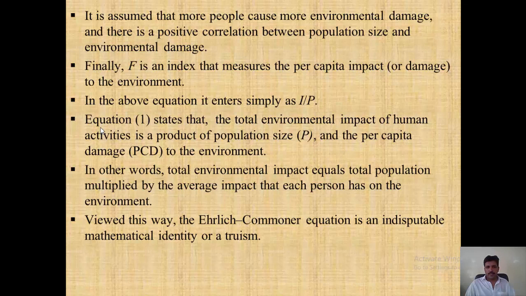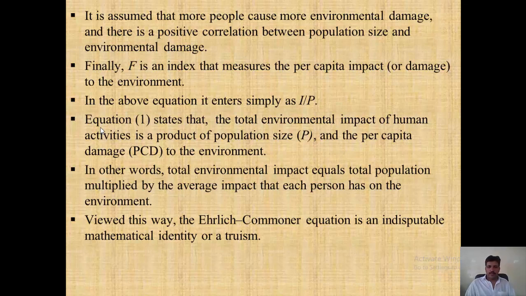Equation 1 states that the total environmental impact of human activities is the product of population size and per capita damage to the environment. In other words, the total environmental impact is equal to the total population multiplied by the average impact that each person has on the environment.